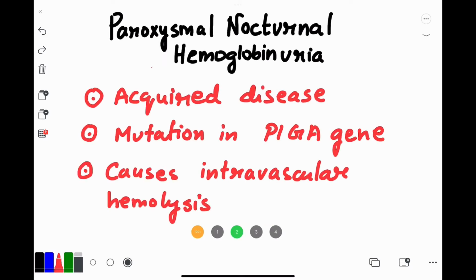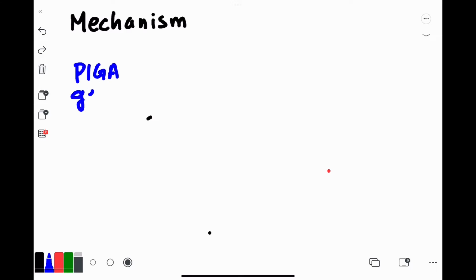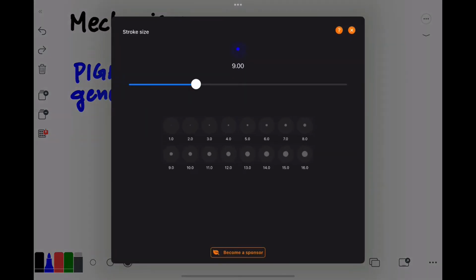Now let us come to the mechanism of the disorder. First of all, there is this PIGA gene. It is responsible for synthesis of glycosyl phosphatidyl inositol, or GPI. These are known as anchors.